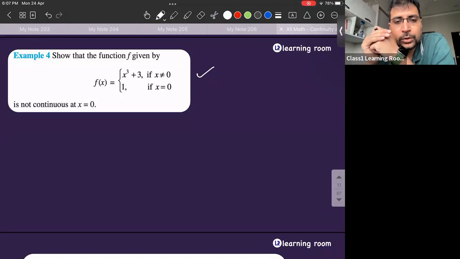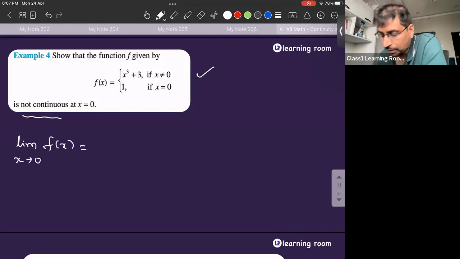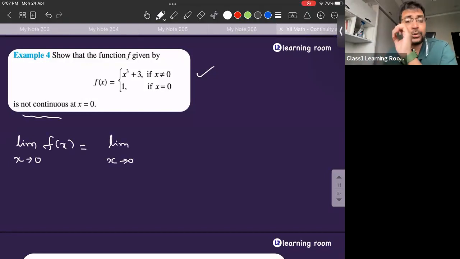Exactly at x is equal to 0, the value is 1. 1 is a constant value, right? So they told it is not continuous at 0. We need to show that. So when I say limit x tends to 0 f of x, right? Then look at the way I'm going to solve the problem. Everybody listen to this. Limit x tends to 0. What function should I take?